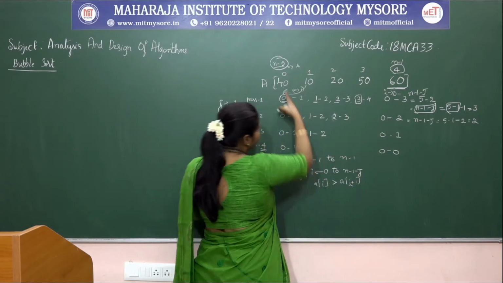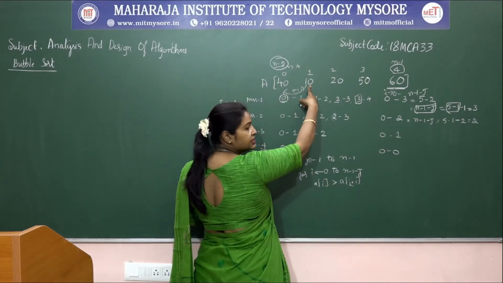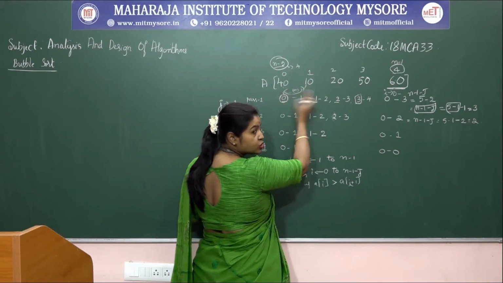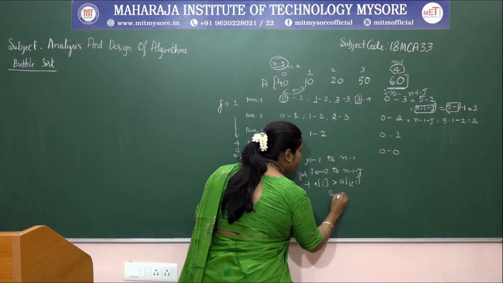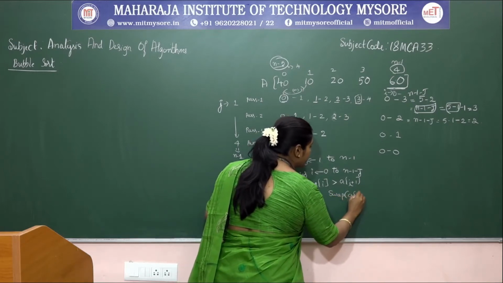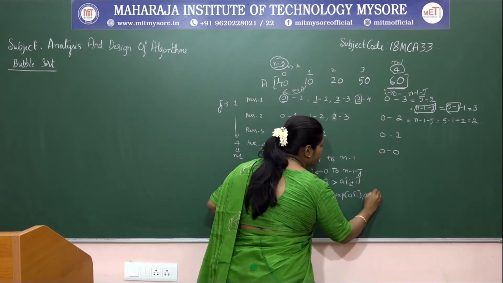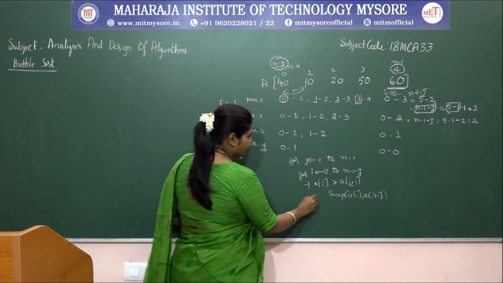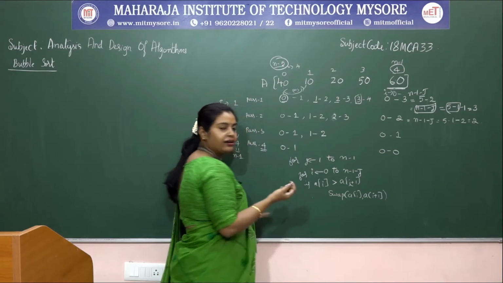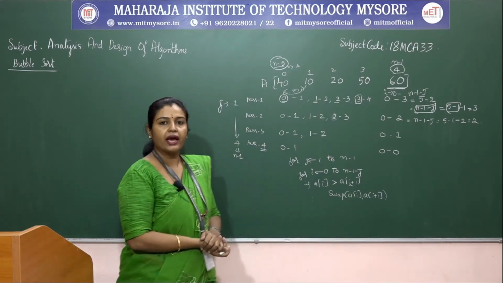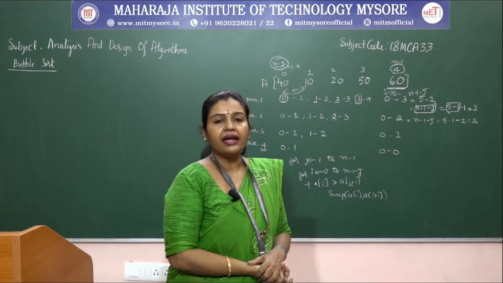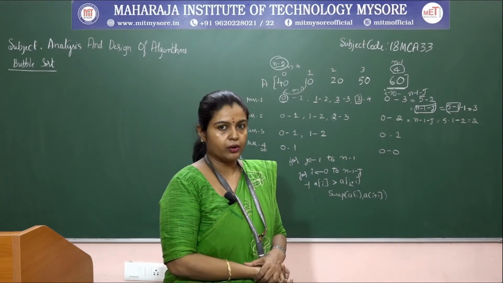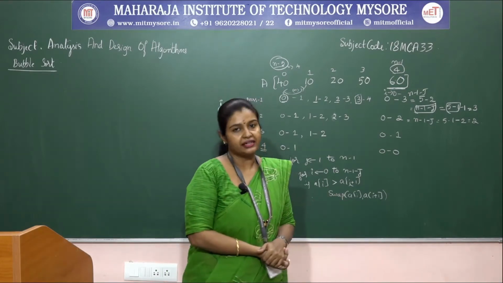So if the first position element is greater than the second position element, then what do we need to do? Swapping. So swap between what? a of i and a of i plus 1. Okay. So this is required. So this is end if, next end for and end for. So this is how we can sort the given array elements in ascending order or descending order. Okay. So this will yield you an ascending order.